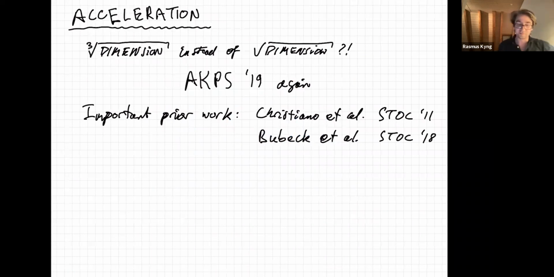Okay, I should emphasize there's some very important prior work that we are building on. Christiano, Kelner, Madry, Spielman, and Teng in STOC 2011 got the low accuracy acceleration approach, or at least the beginnings of the low accuracy acceleration that we need in order to get these fast algorithms. And then Bubeck et al. in STOC 2018 developed a completely different homotopy than interior point methods.